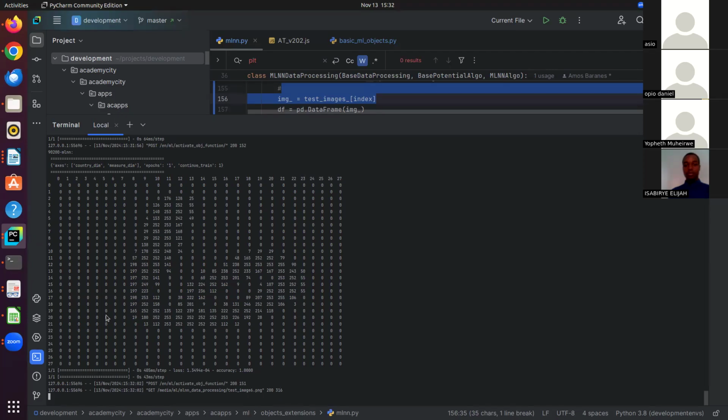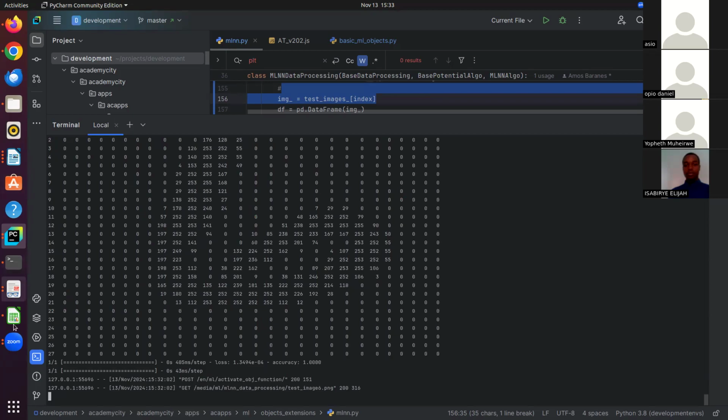But this one is a simple picture, with only 28 columns and 28 rows. And pay attention here: wherever it's black, it gets the number 0, and whenever it's totally white, it gets 255. Let me make it bigger a little bit.